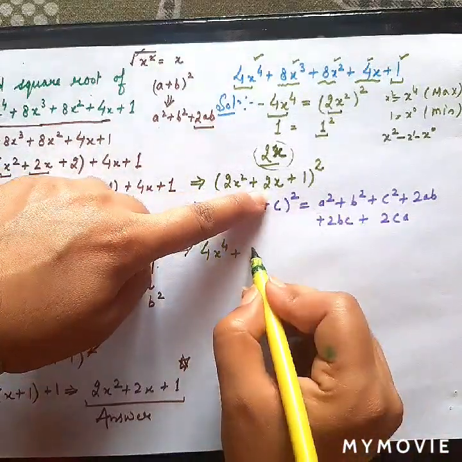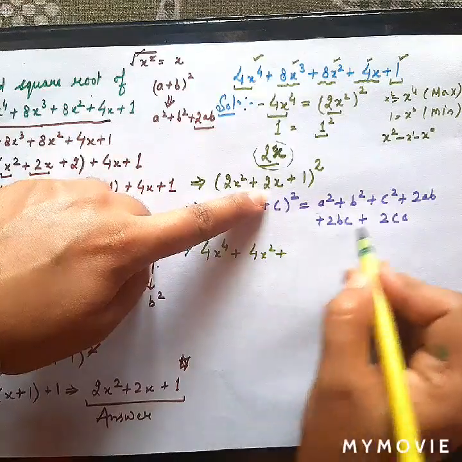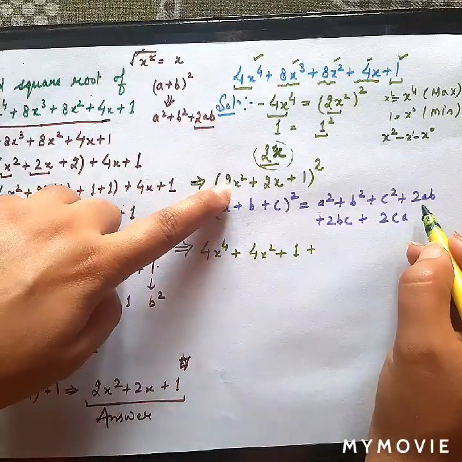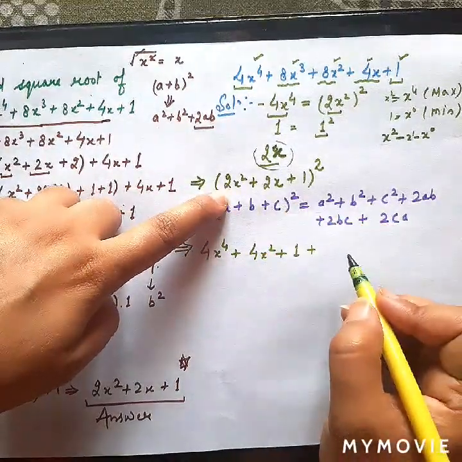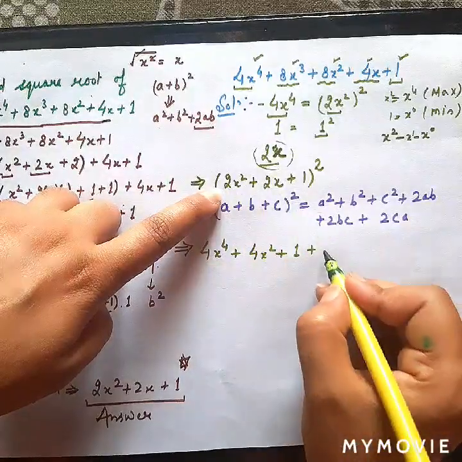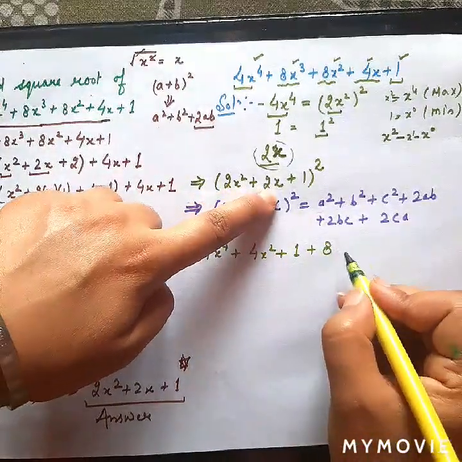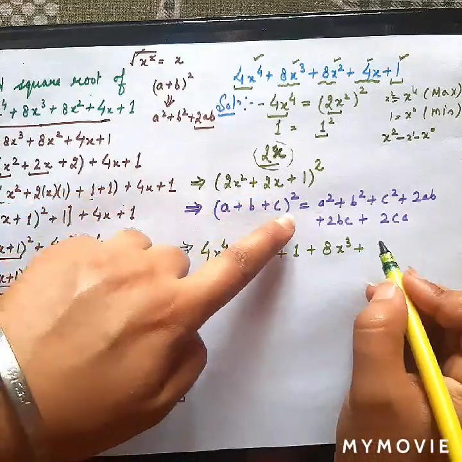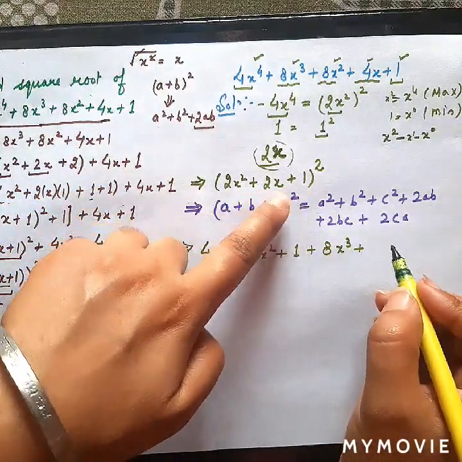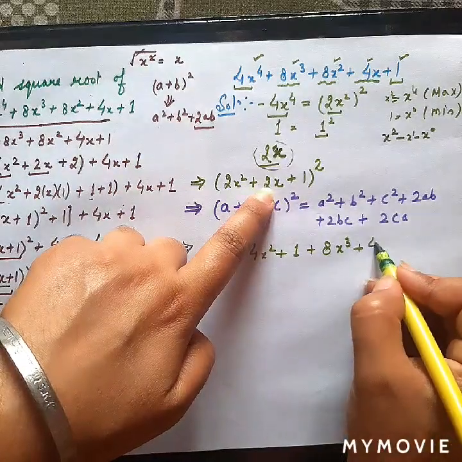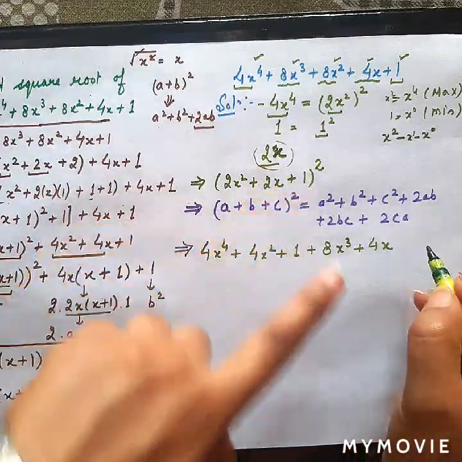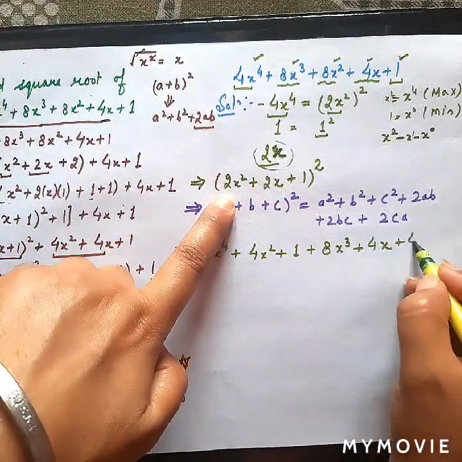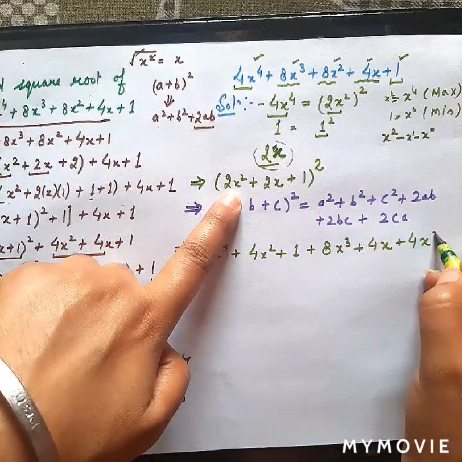Now b square equals 4x square. Now c square equals 4. Now 2ab, 2 multiplied by a multiplied by b, equals 8, and x square multiplied with x will be x cube. Then 2bc, 2 times 4 and x, c is 1. Then 2ca, 2 times 4, then x square.